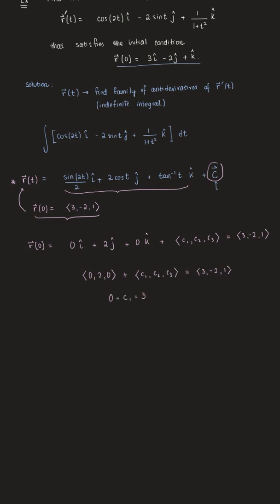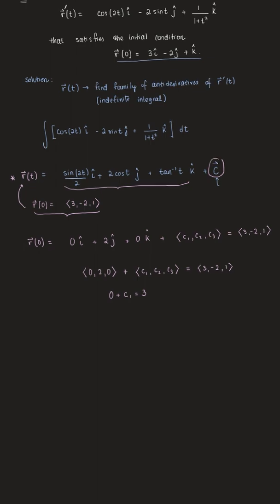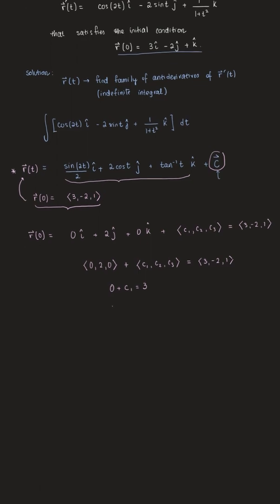Equating all of our y components, 2 plus c sub 2 must be equal to negative 2. And looking at our z components, 0 plus c sub 3 must be equal to 1. So c1 is 3, c2 equals negative 4, and c sub 3 equals 1, just solving these three equations.